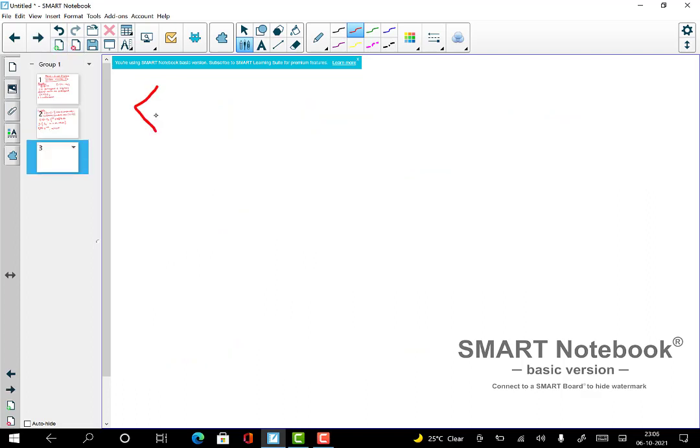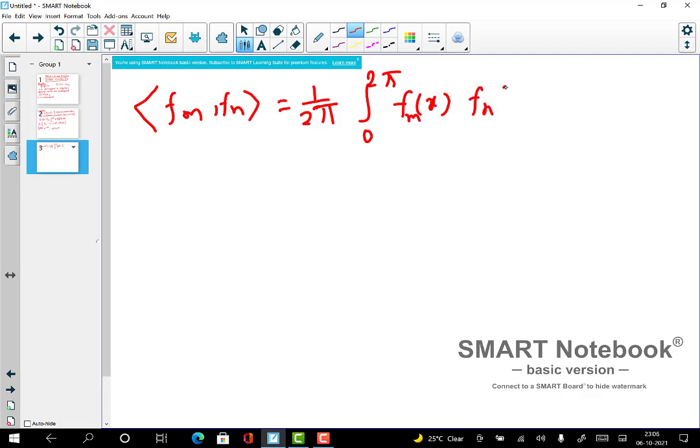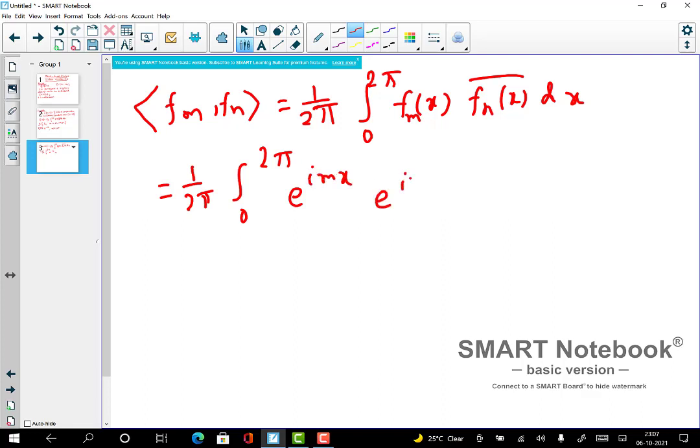So we can check what happens if we find the inner product of f m with f n. That gives you 1 by 2 pi, integral from 0 to 2 pi of f m of x times f n of x bar dx, which is 1 by 2 pi integral from 0 to 2 pi of e power i m x times the conjugate of e power i n x, dx.